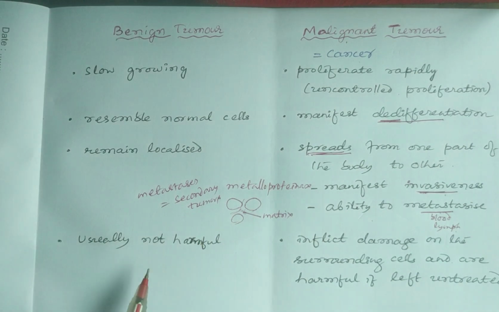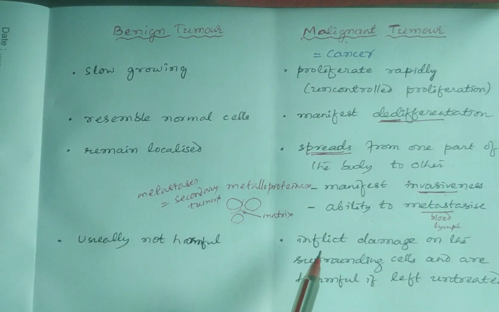Benign tumors are usually not harmful, and we can do surgery to remove them, and there is no problem. But a malignant tumor is difficult, and it may inflict damage on the surrounding cells, and is harmful if left untreated.